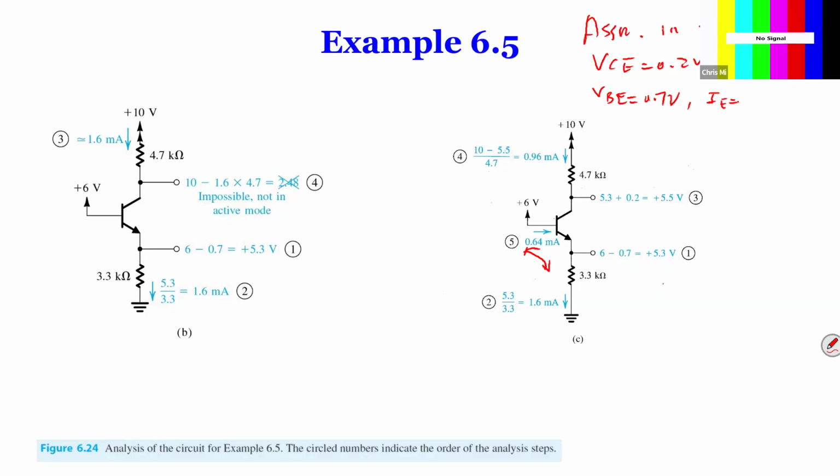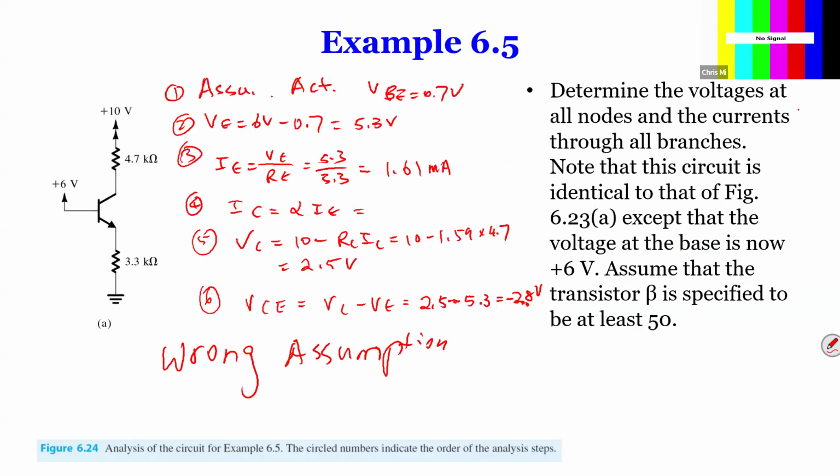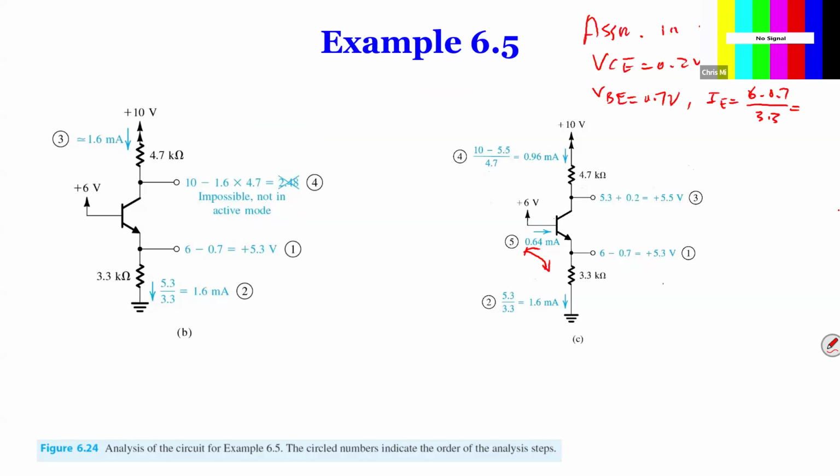IE is going to be 6 minus 0.7 divided by RE, which is 3.3. That doesn't change. That was 1.61.